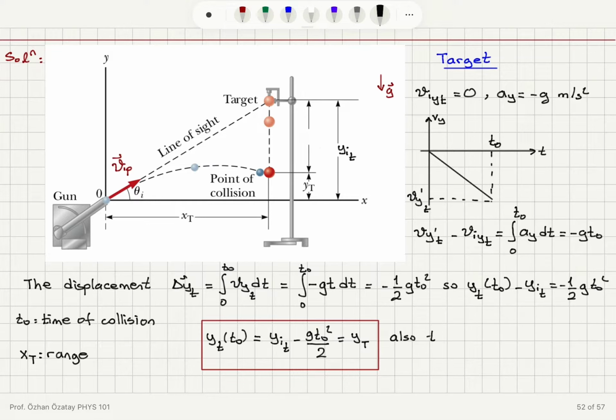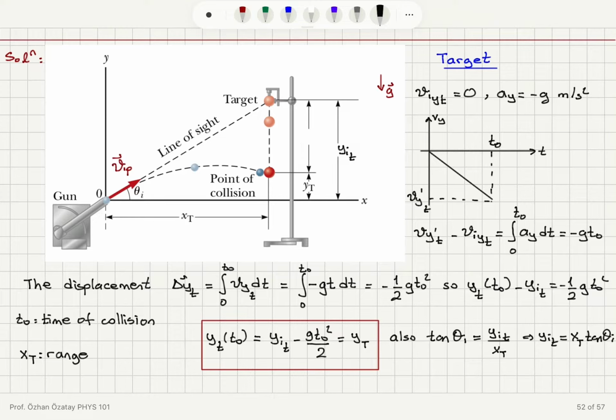Also we note that the tangent of this angle, because it's pointing exactly at the initial position of the target, is the initial position of the target divided by the range of the projectile. So the initial position of the target is actually the range of the projectile times tangent theta initial.